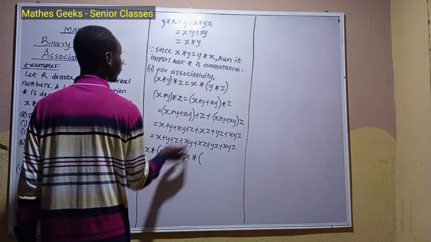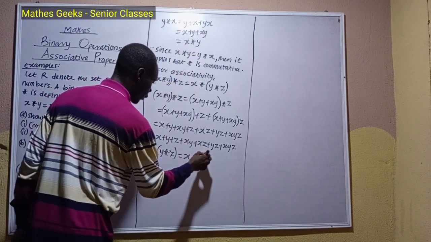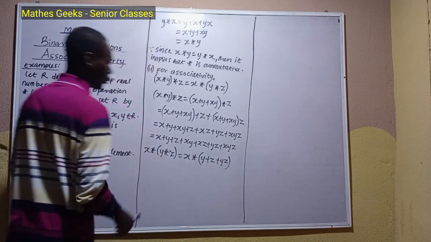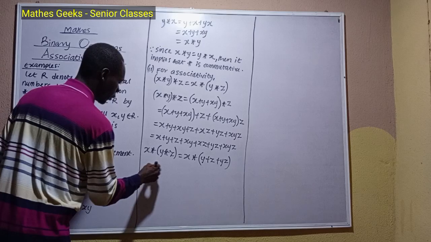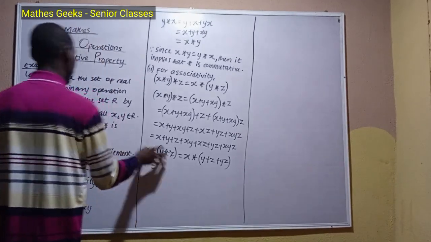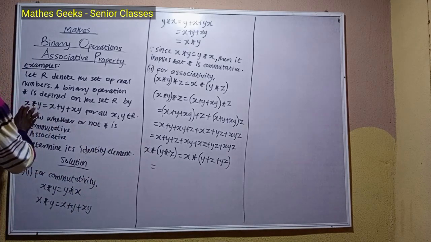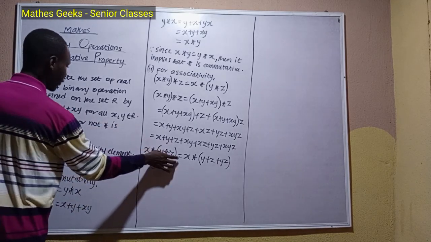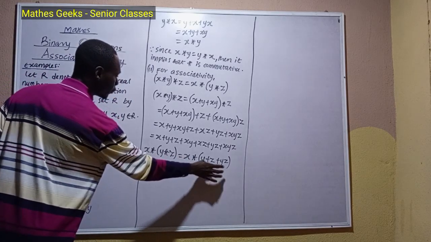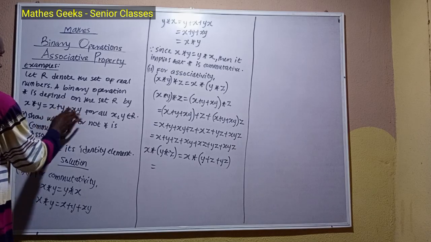So now y star z will be y plus z plus yz. Okay, so in this equation, if you compare it to the original rule that we're given, x remains x here, and y is y star z. So anywhere there is y, we put this whole part, this function enclosed in the bracket, in place of y, and x remains the same.